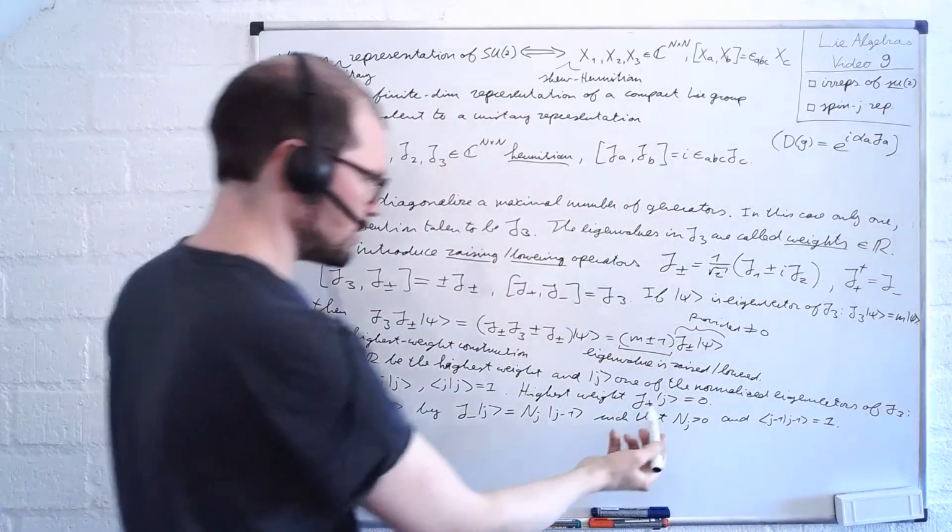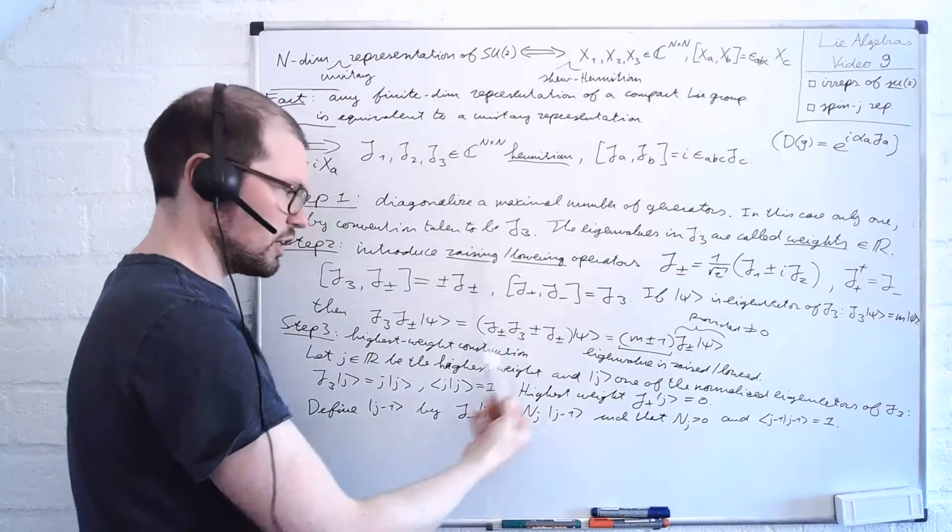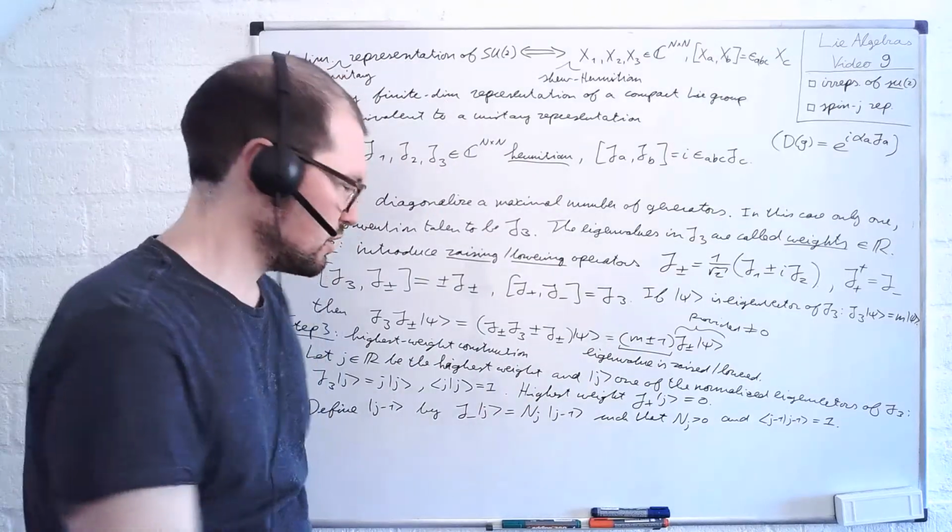As soon as we have this highest weight state |J>, this really uniquely defines a second highest state, |J minus 1>.